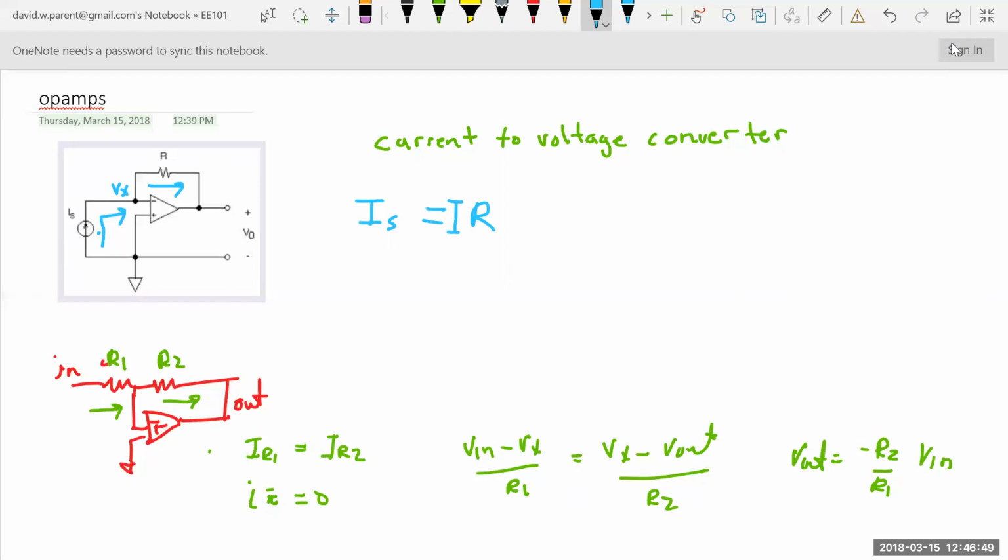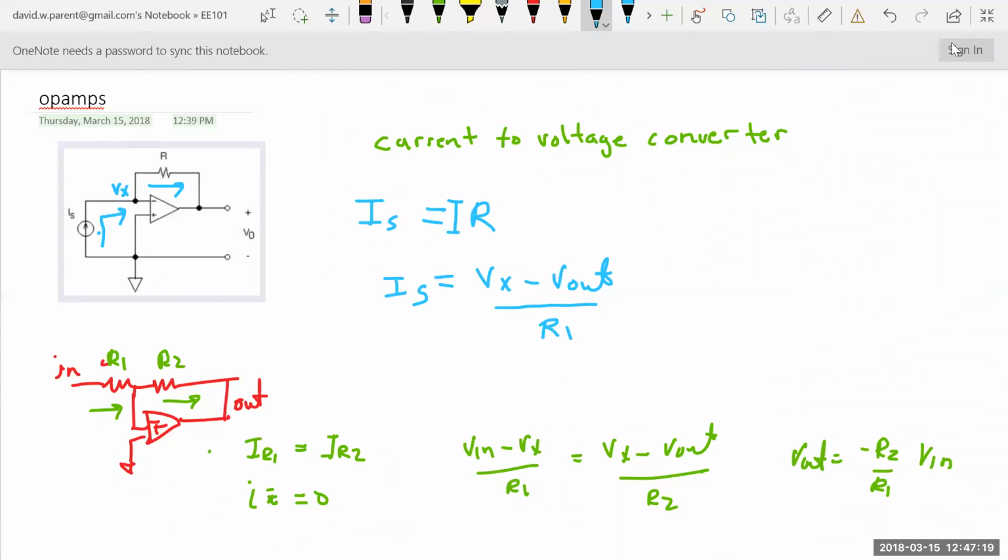Now you use Ohm's law. So I'd say, oh, Vx minus V out divided by R. And then you're like, well, wait, here's my I_S. Well, where's my V in minus Vx over R1? You don't need it because it's a current source. It's right there. There's nothing to do.